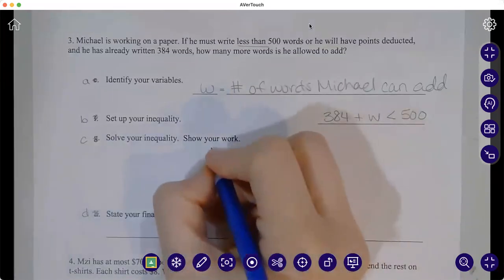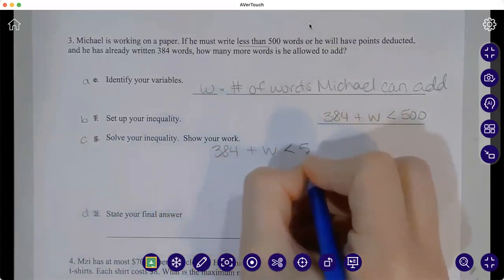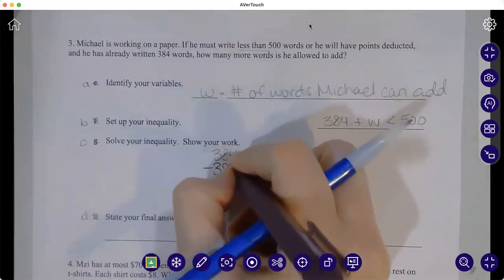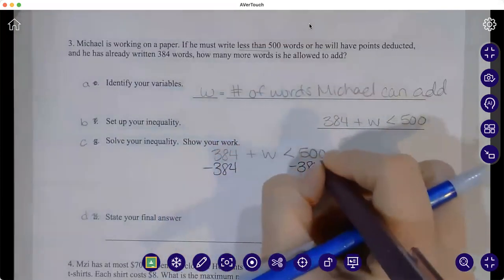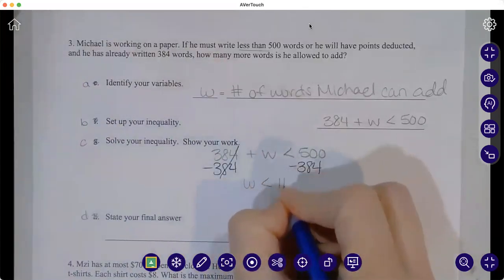All right, let's check your work. So 384 plus W is less than 500. So we're going to subtract 384 from both sides. So W is less than 116.